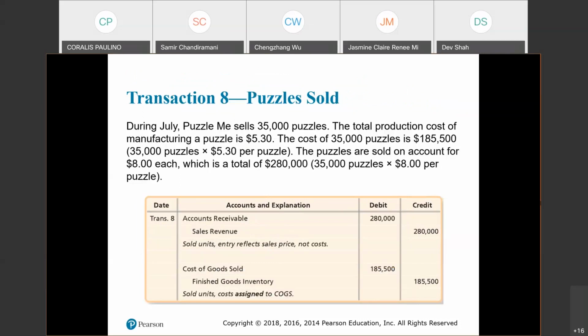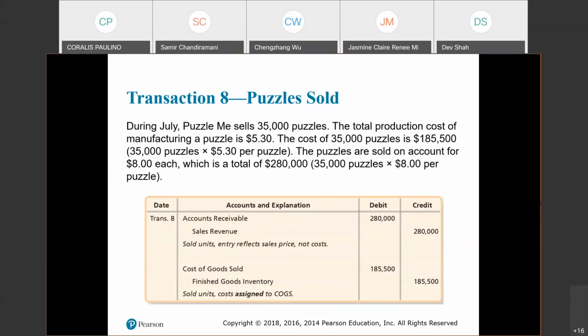Okay, next, let's assume during July, Puzzle Me sells 35,000 puzzles. The total production cost of manufacturing a puzzle is $5.30.